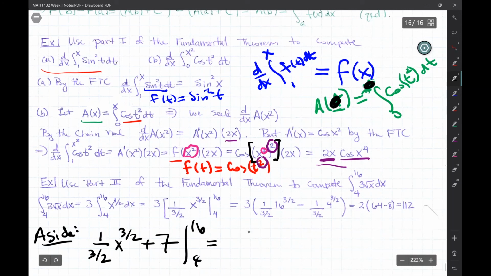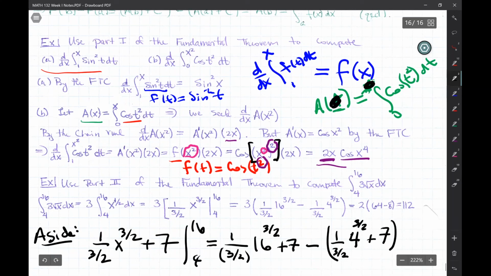Well, then we're going to get 1 over 3/2 times 16 to the 3/2 plus 7, minus 1 over 3/2 times 4 to the 3/2 plus 7.